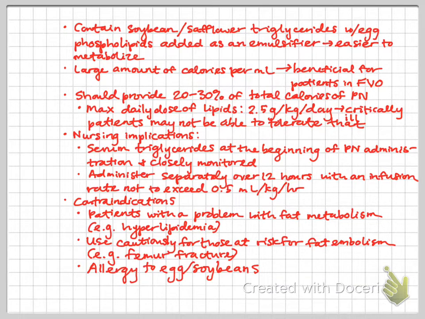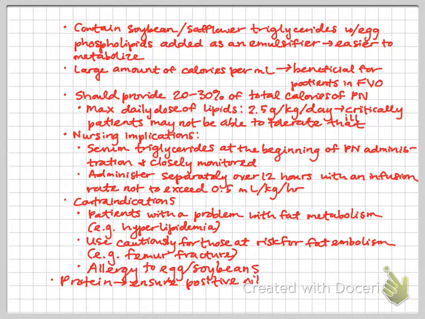Moving on to the protein that's found in total parenteral nutrition or parenteral nutrition. The protein is used to ensure a positive nitrogen balance, which you thought you got away from in level 1, but it's coming back.